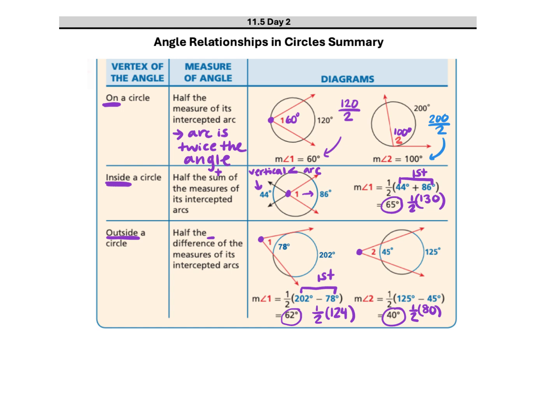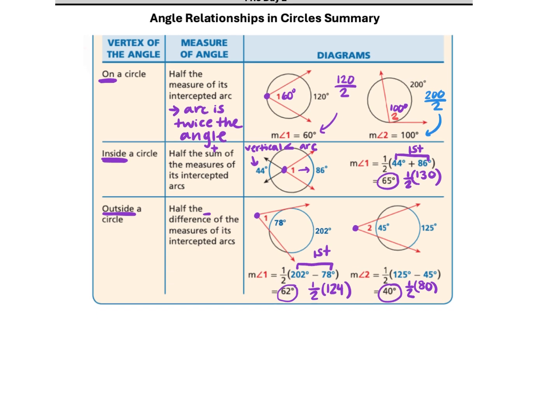Let's add one more thing here to our chart. And this is going to go back to something that we learned at the beginning of this chapter. In addition to being on, inside, and outside the circle, it's also possible for the vertex to be at the center of a circle.